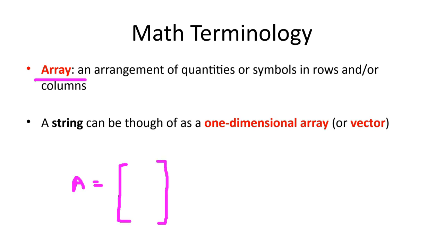It's just a series of characters, a series of numbers or letters or something. What we've thought of so far is a one-dimensional string. All strings we've looked at have been one-dimensional. It's just a sequence of things. Arrays in general are the same thing. They're just a sequence of things.